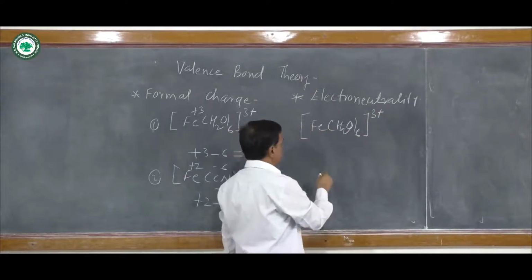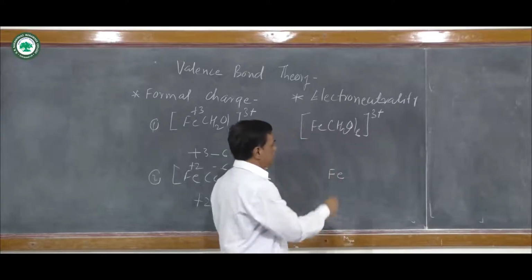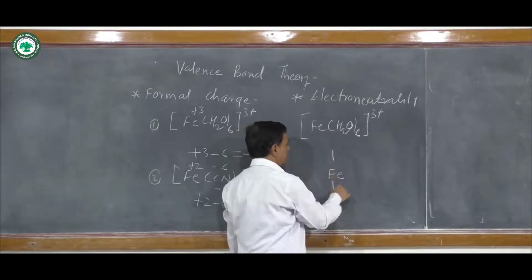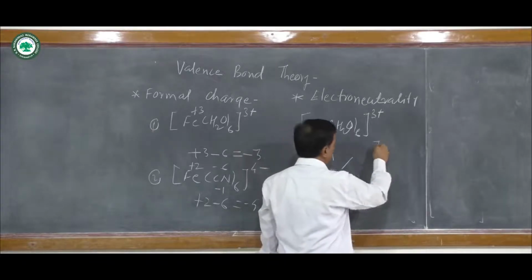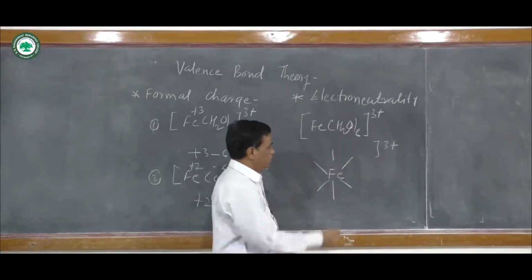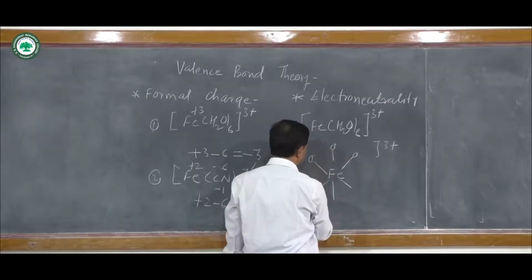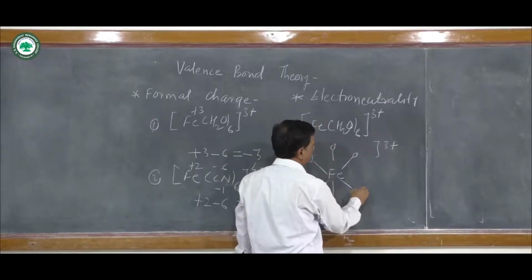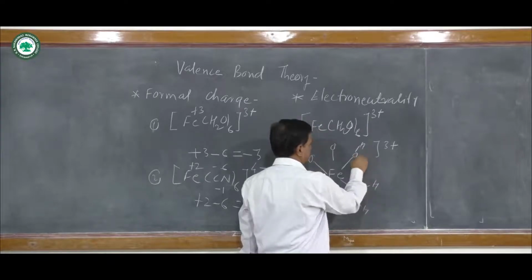In this complex ion, iron is at the center position. Then 6 water molecules are directly attached to the iron and the charge on that complex is equal to 3 plus. Here is oxygen, oxygen, oxygen, oxygen, oxygen and oxygen. Then hydrogen atoms are attached.